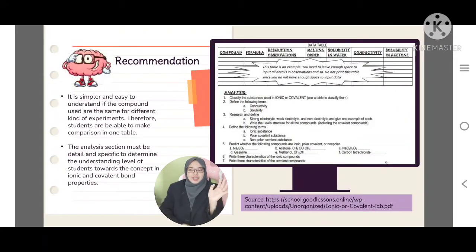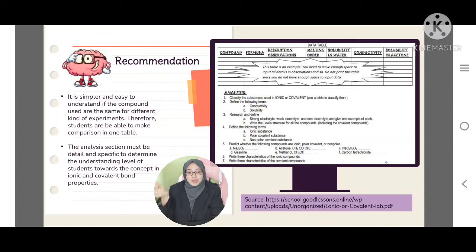Here is an addition to the recommendation, where the compound used for each experiment should be the same. Therefore, students will be able to compare the solubility in water, solubility in acetone, and their conductivity and melting point in just one table. They don't need to refer from one table to another table.